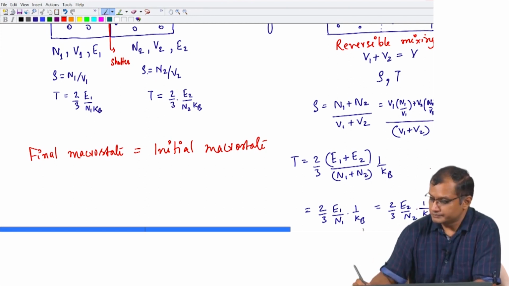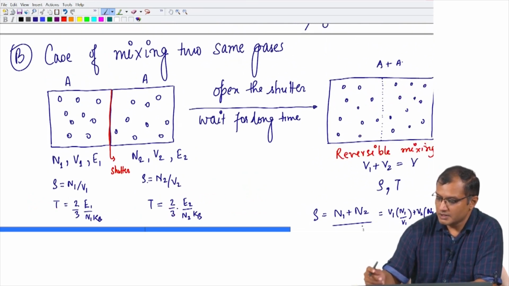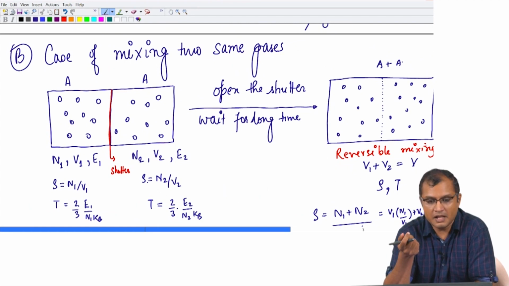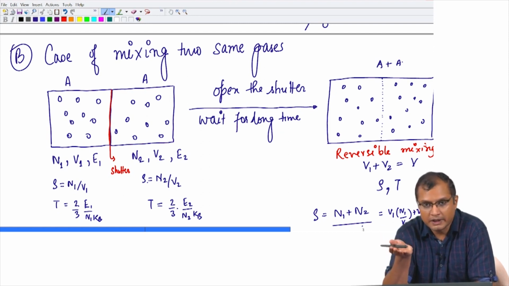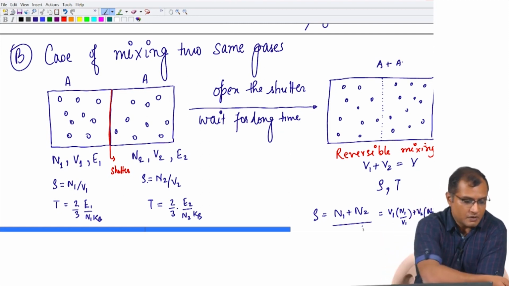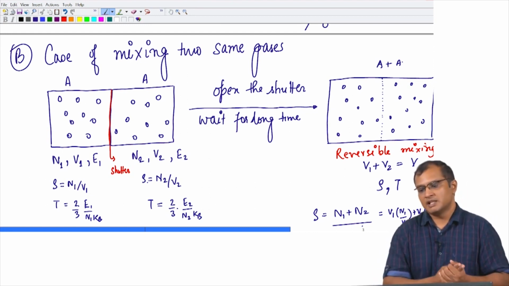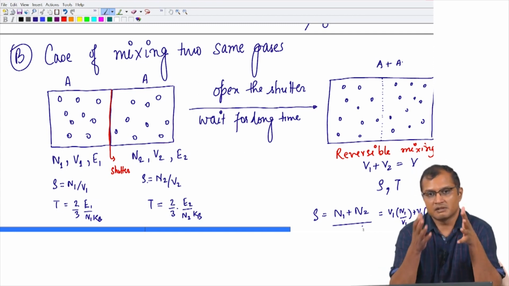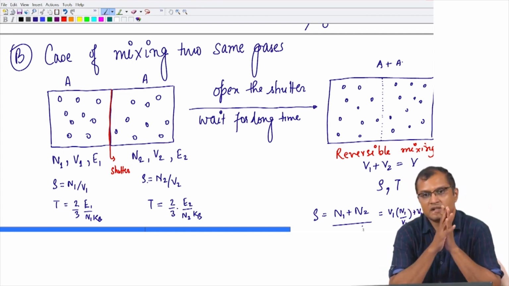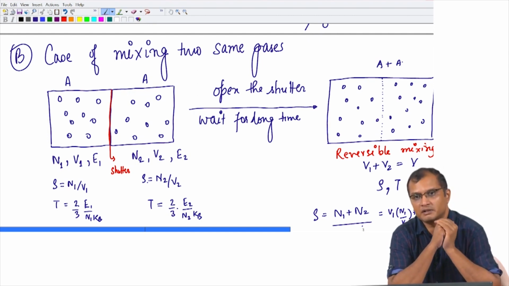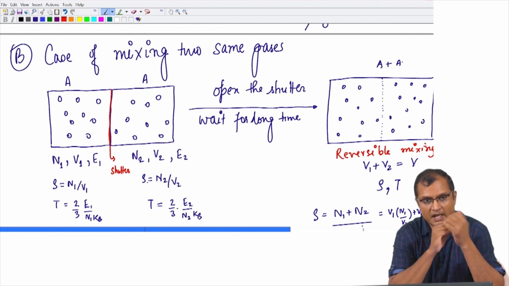Okay. So, this configuration, after you have waited for a long time, is in the same state, and you cannot distinguish that an experiment has happened by any test or any investigation. So, clearly this entire change is completely reversible, and you do not expect any entropy difference to have arisen.